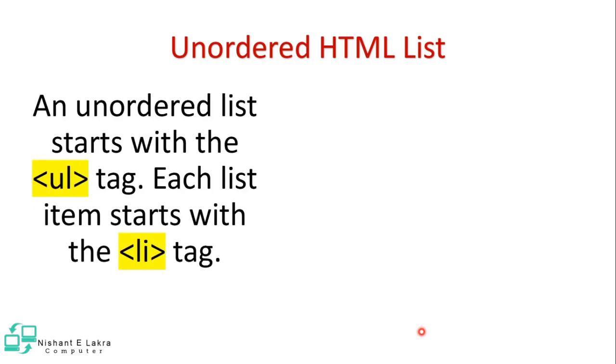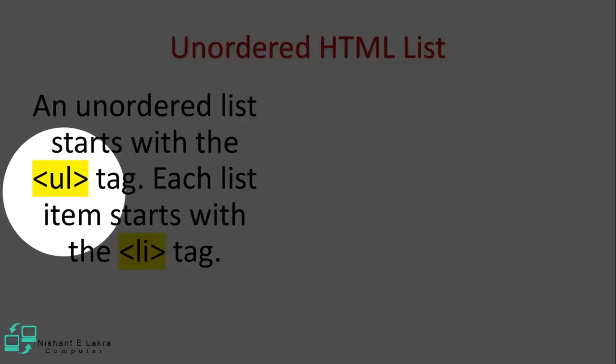Before we write a very short program, let me also make you understand that this unordered list starts with UL. UL is put inside the angle brackets, like you can see on your screen. And what does UL stand for? Unordered list. That is what UL stands for.